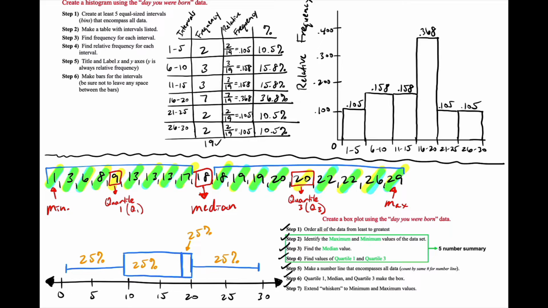Exactly, they're the same. 25%, 25%. So if I have 100 students in this class, 25 of them are in the whisker, 25 of them are in the box, and then 25 of them are right there too. And 25% of them are over here, right?